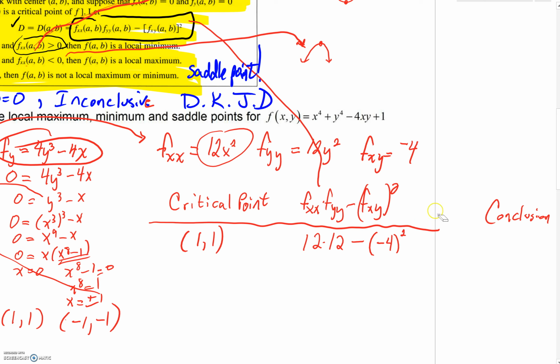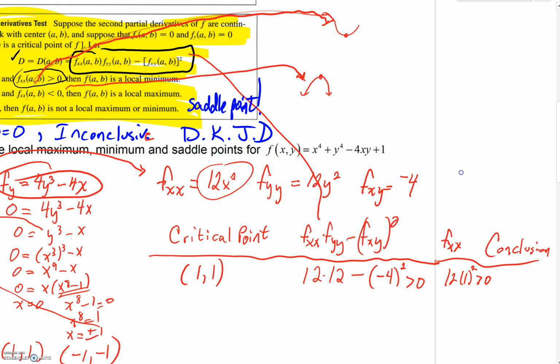I'm going to move this over just a smidge. And you can see this thing right here, that's 144 minus 16. The bottom line is this is positive. And when I plug in a 1 into the second derivative, it is positive.